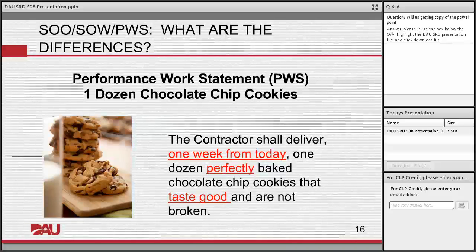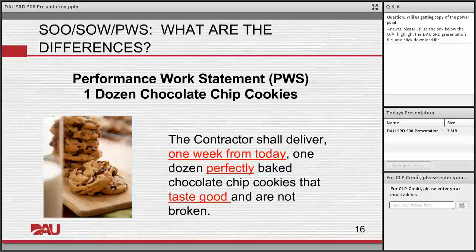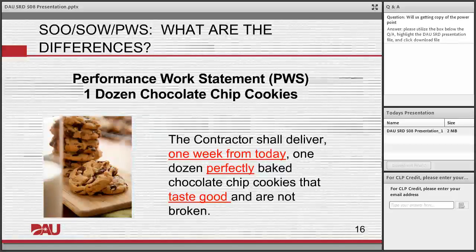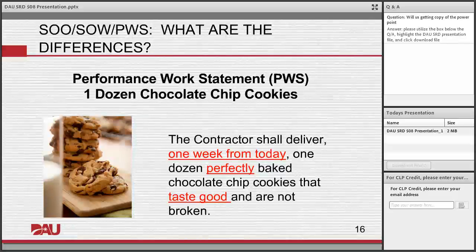So if we look at 1 week from today, is today the day I issue the RFP? Is today the day the offeror reads it? Is today the day that they looked at it and actually Valentine's Day was 2 months ago? So do I need those cookies after Valentine's Day? So you have to be a little bit more specific.